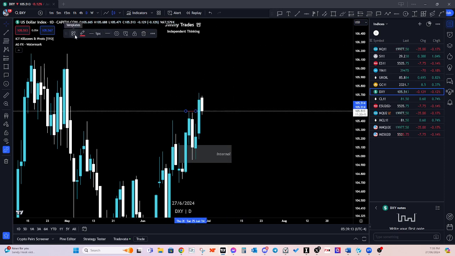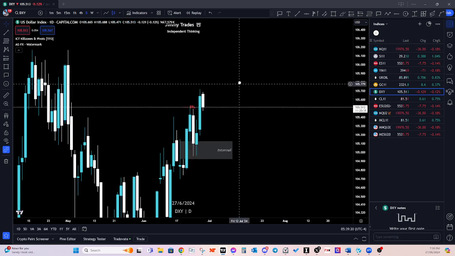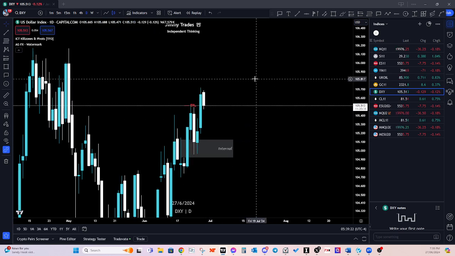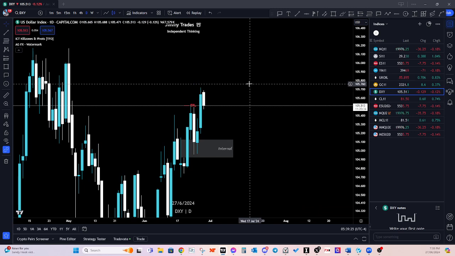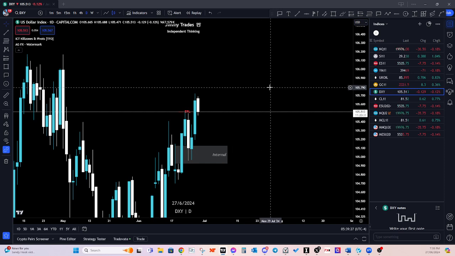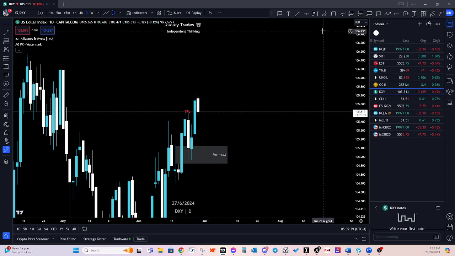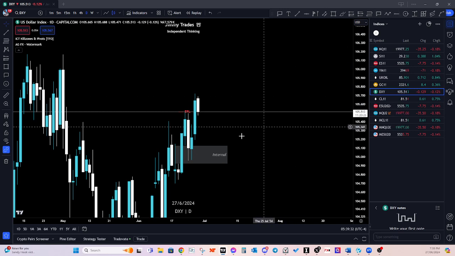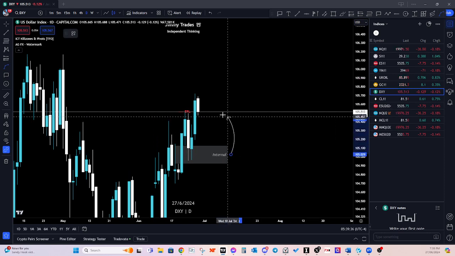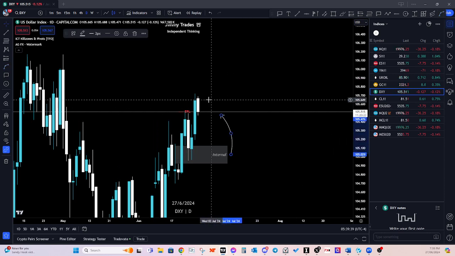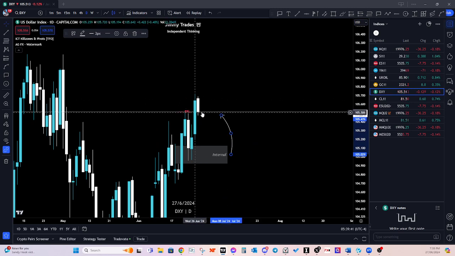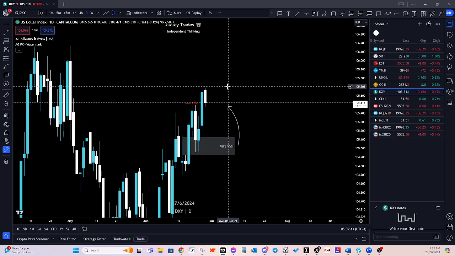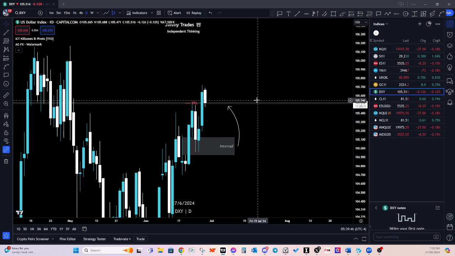Now, with us being at ERL, we don't necessarily have to change bias automatically. We want to have a look at what price is doing, but with price reaching ERL, my bias yesterday was internal to external. We've now reached external, so now we want to potentially see price move back to internal.